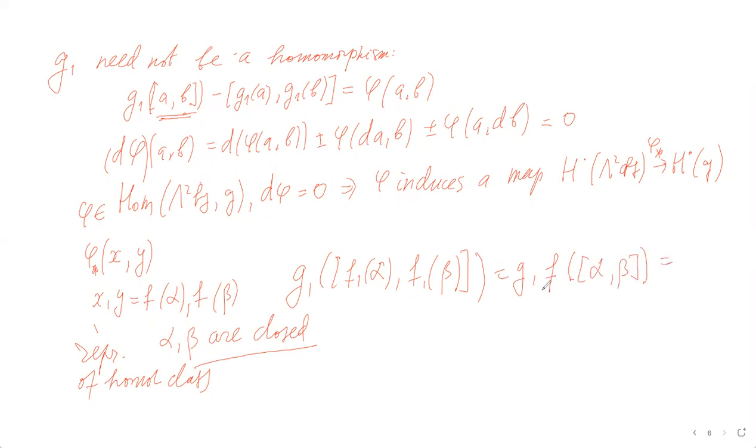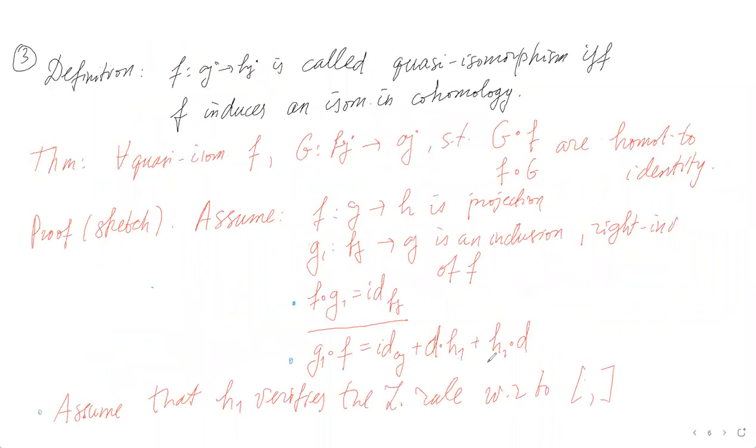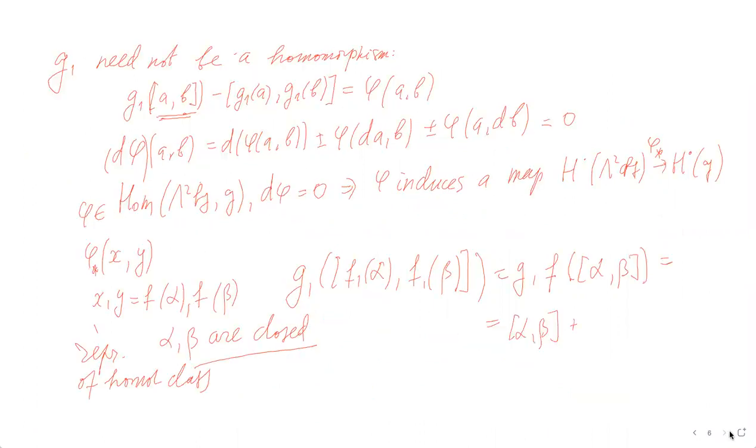So what I have is just the bracket alpha and beta plus this dH1 plus H1D, but H1D vanishes because D of alpha and beta is equal to 0. So we have D of H1 of alpha beta.